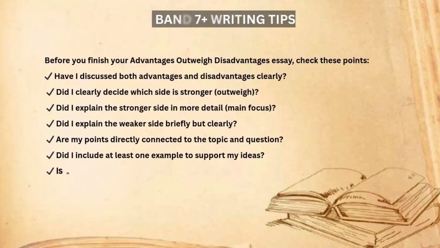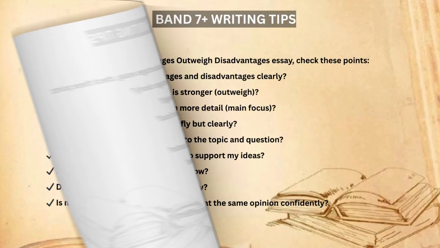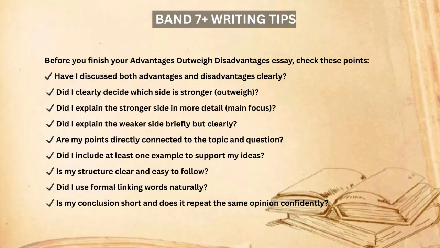Now, before you finish your advantages outweigh disadvantages essay, you must check these Band 7+ points. Many students write a good essay but still lose marks simply because they forget these final checks. First of all, ask yourself, have I discussed both advantages and disadvantages clearly?